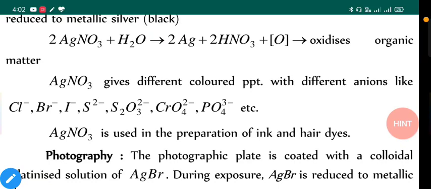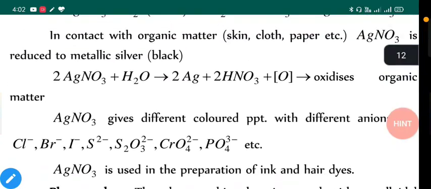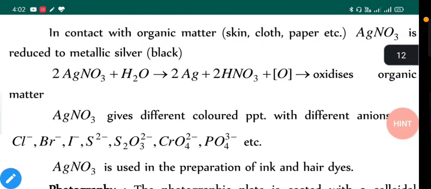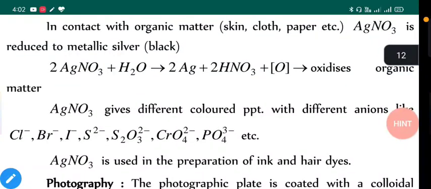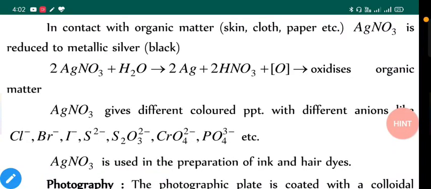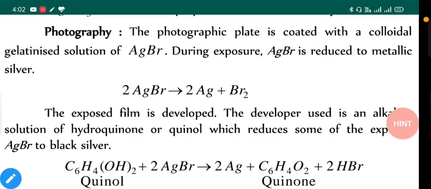This point should be noted and remembered. AgNO3 is used in the preparation of ink and hair dye. As mentioned in the previous point, in contact with organic matter it gives black color because it is reduced to metallic silver. And again, as mentioned earlier, it forms photosensitive material with halogens. So one of the uses will be in photography.